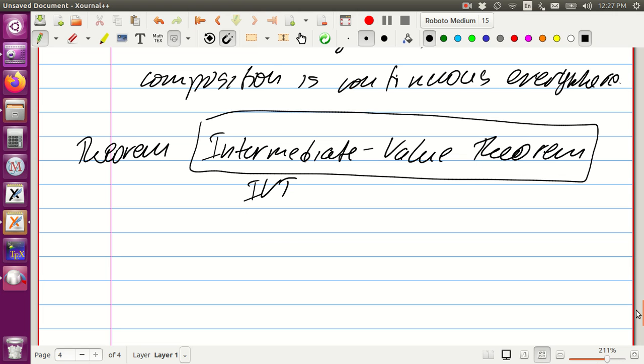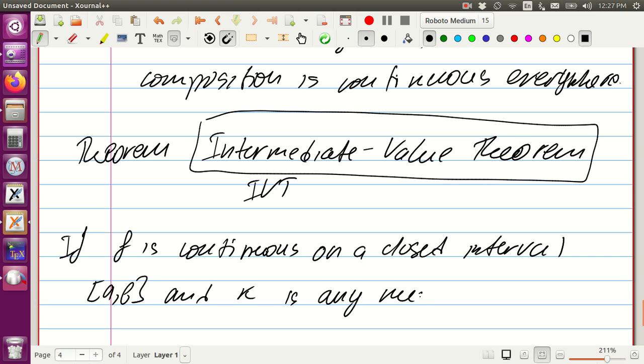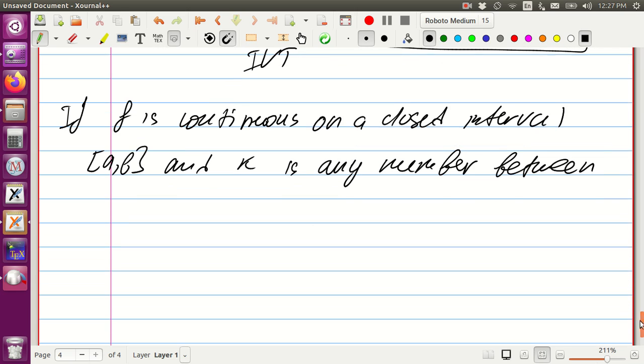So it says the following: if f is continuous on a closed interval from A to B, and K is any number between f of A and f of B.